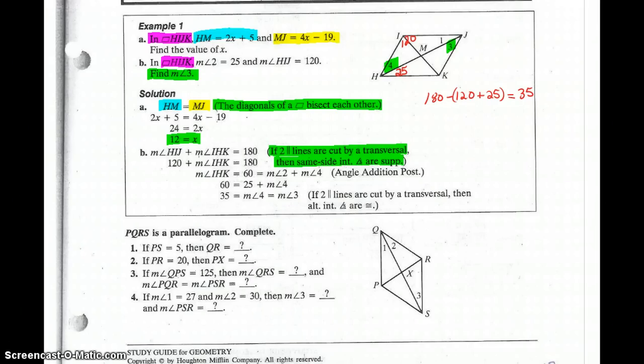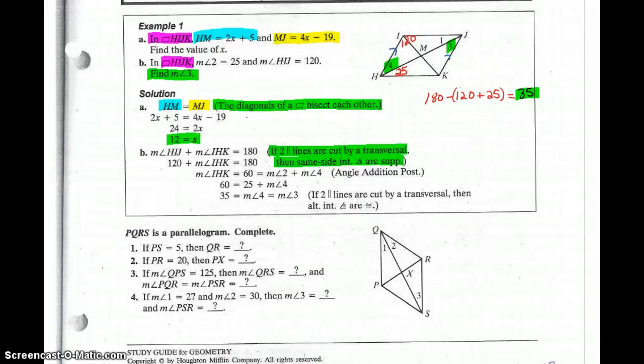And now, because this is a parallelogram, I know that IH and KJ are parallel. So that means that angle 4 and 3 should have the same measure because they're alternate interiors. So if angle 4 is equal to 35, then angle 3 must also be. Now the explanation for B was a little rocky, so I say let's look at it that way.